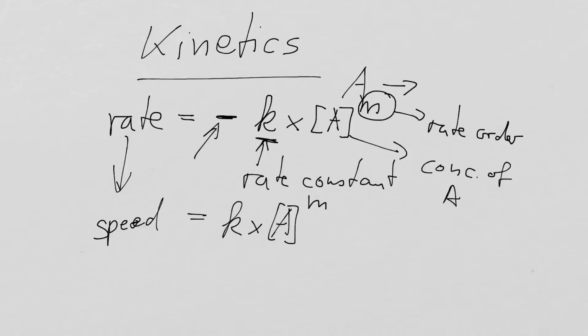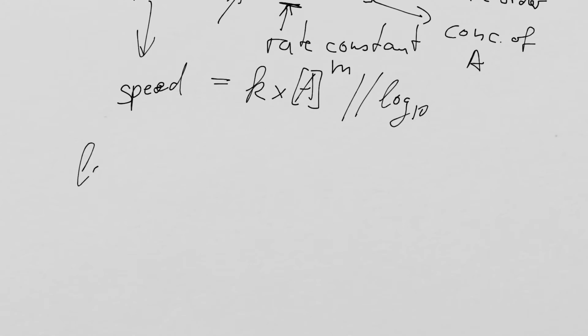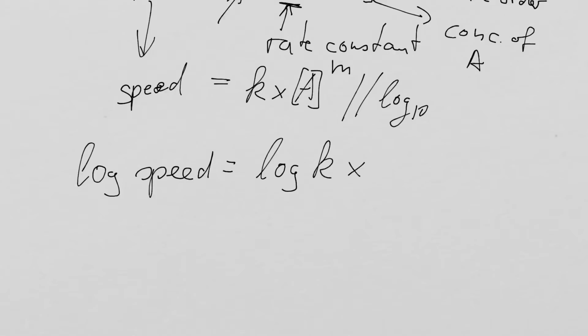Log. Absolutely. We log both sides. And you would usually use the log to the base of 10, but you don't have to. You can use any kind of log, because what you then get is log speed equals log K plus M log A. Or you can write this in a slightly different form.